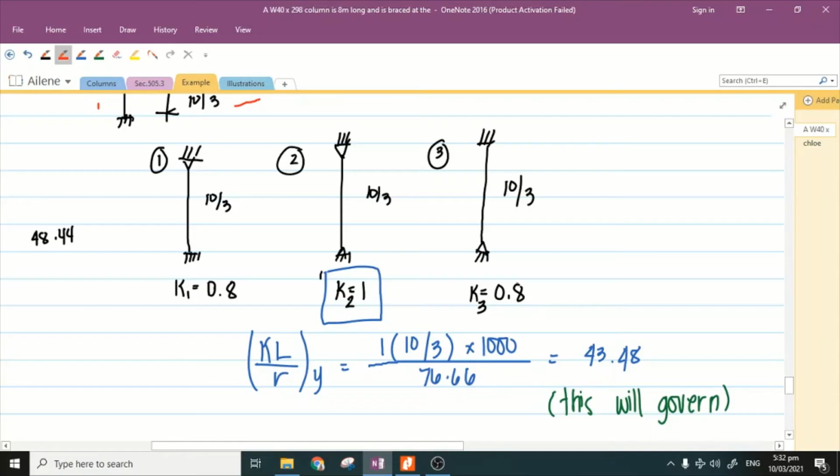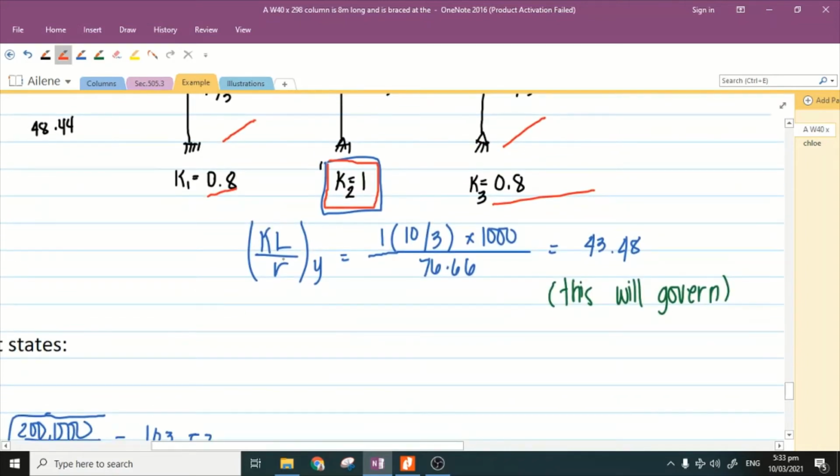And then dun sa third column, pin yung baba, and then fix yung taas. So, 0.8. Kung mapapansin nyo, kahit nagbaliktaran lang tong first and third column natin, same pa rin yung K value. Therefore, ang mag-govern natin is yung may pinakamataas na value ng K, kasi siya din yung magbibigay ng mas mataas na product para sa slenderness ratio.